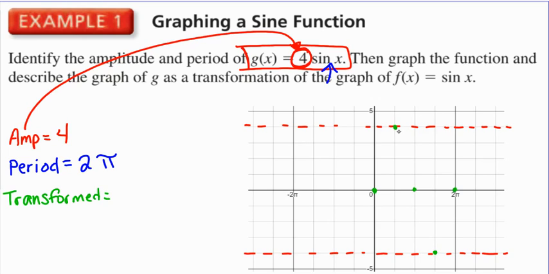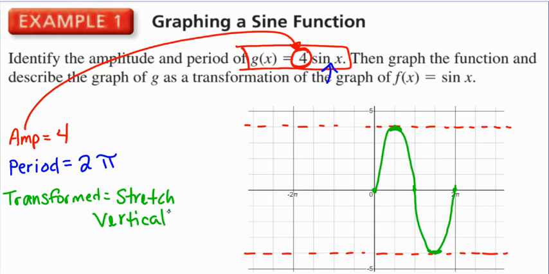Okay, so if I want to graph this, I'm going to make sure that this is smoothly curved up at the maximum, come down to 0, come down to 0, make sure that this is smoothly curved, and go just like that. Okay, so this has a transformation of basically just being stretched vertically by 4. It's not going to have the period changed.